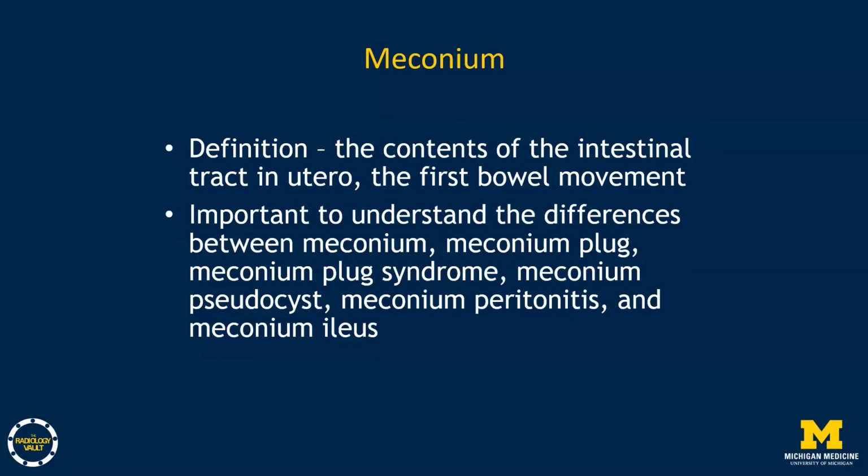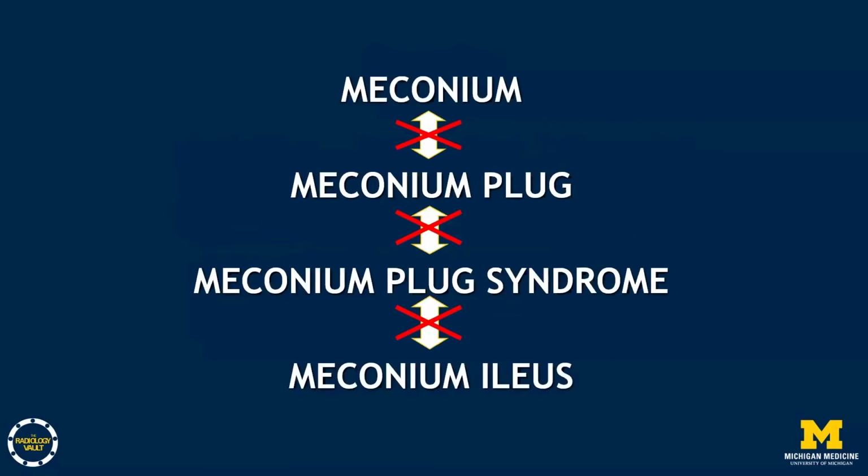Now, it's important to understand the differences between the terms that include the word meconium, as you see listed there. I think it's better defined in the next slide. Simply to state that they are not equivalent, these different phrases or words. And so meconium is not the same as meconium plug or meconium plug syndrome or meconium ileus.